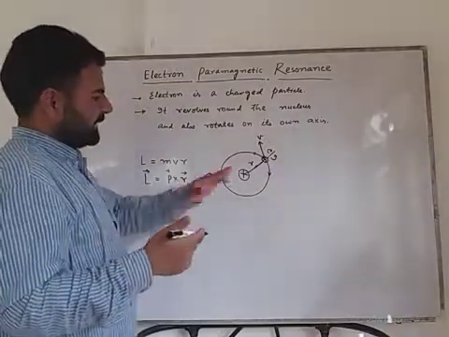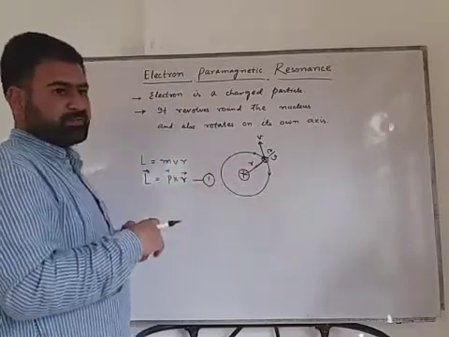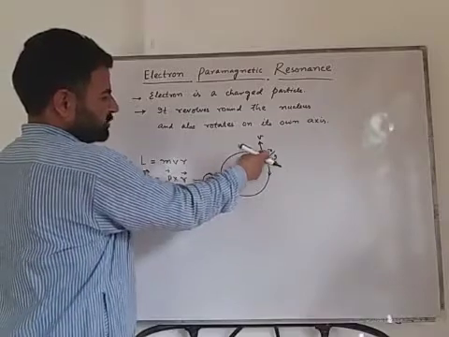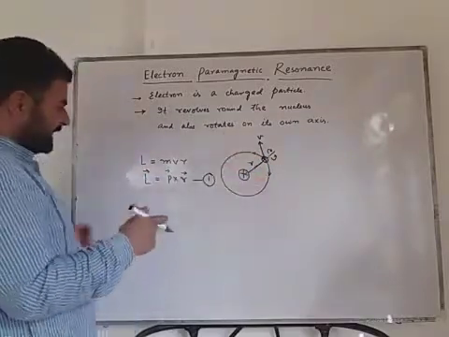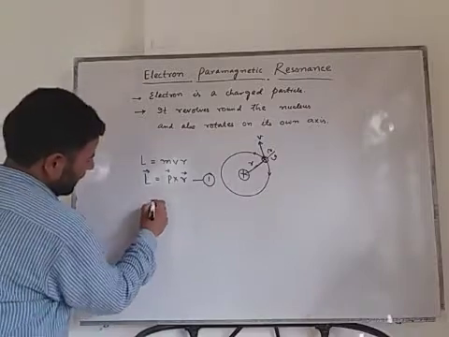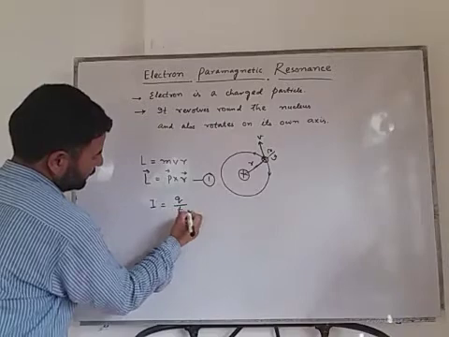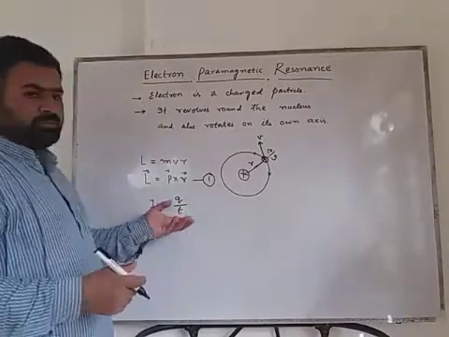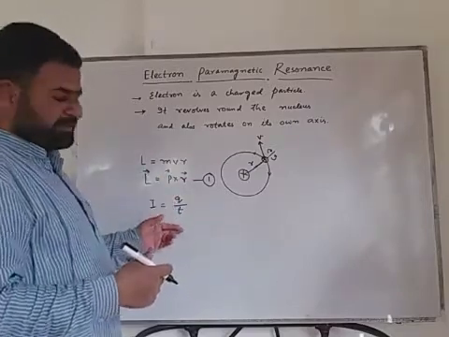We know that when a charged particle moves, it forms current. So when this electron moves in this circular loop, it will form some current. That current will be given by I is equal to Q by T, because we know that current is the rate of charge flowing through a circuit per unit time.